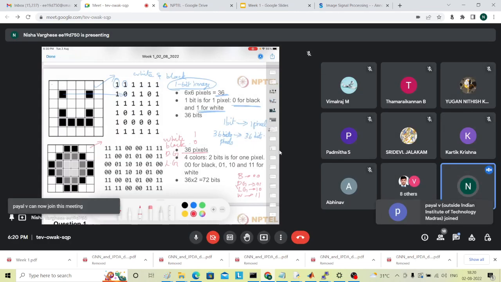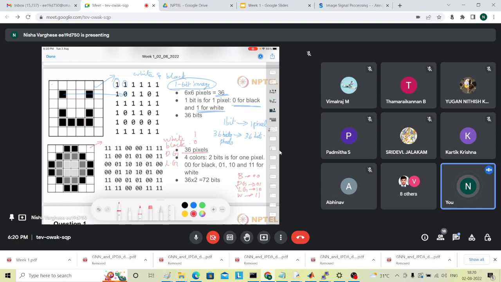So for black 0 0, so we have 2 bits for every pixel. We have 36 pixels in total. Then how many bits should be used to represent this image? 36 pixels into 2 bits. We'll have 72 bits to store this one single image.